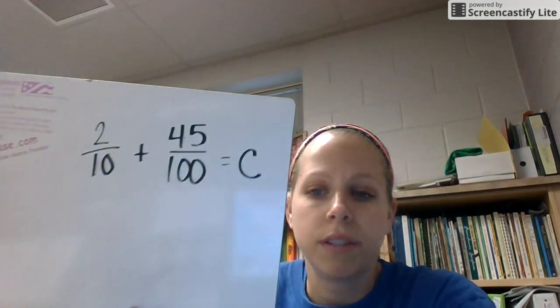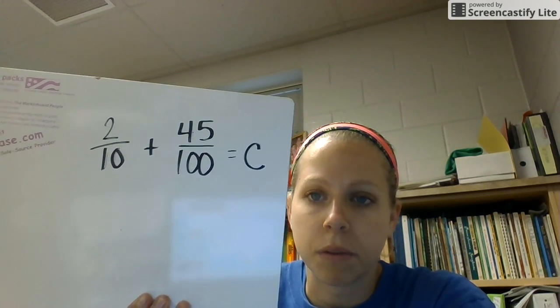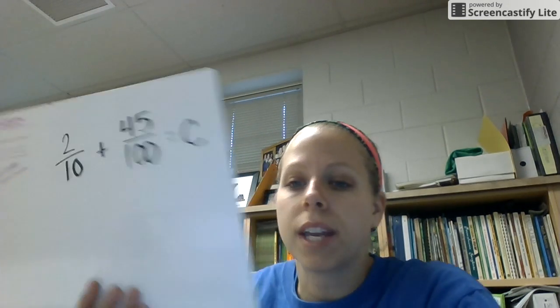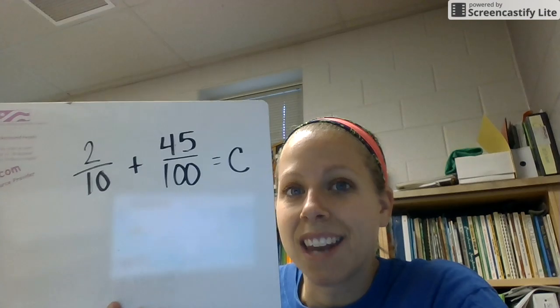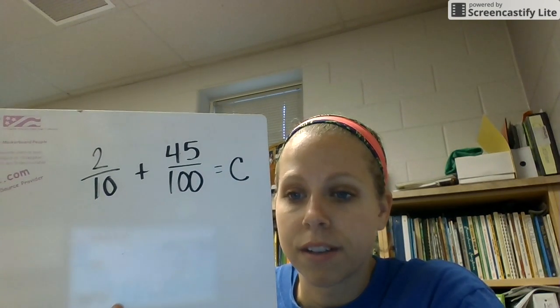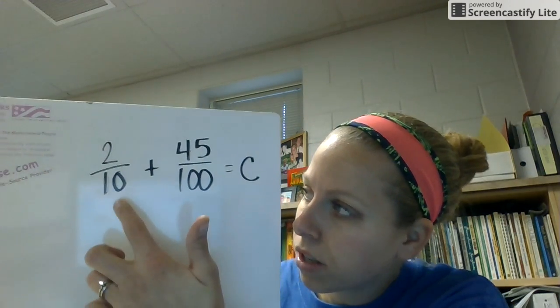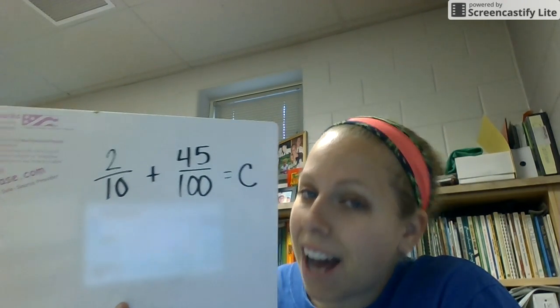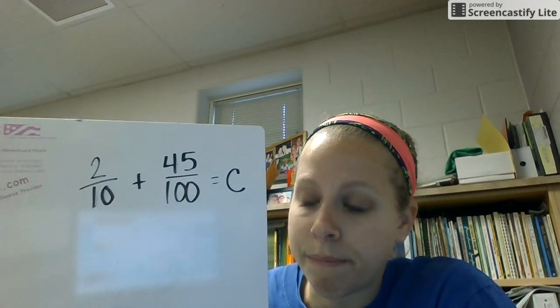So you had something that looked like this: 2/10 plus 45 hundredths equals C. All you had to do for your math message was create that equation. But now you need to actually solve it. Looking at this right now, we cannot solve it because we do not have common denominators. Our denominators are close, 10 and 100, but I cannot add them because they're not the same.